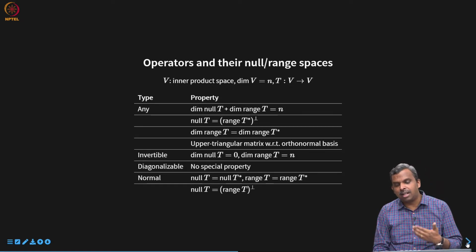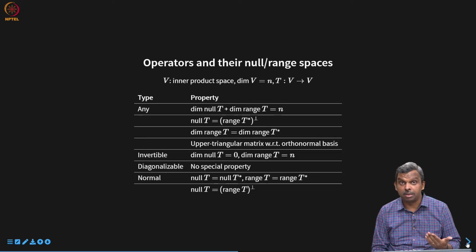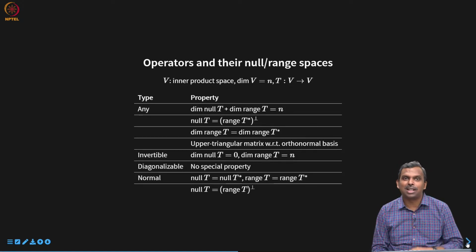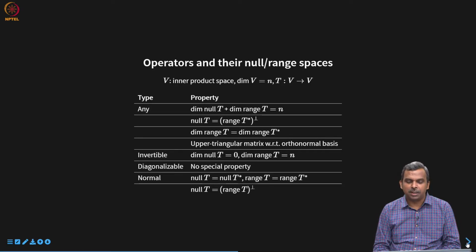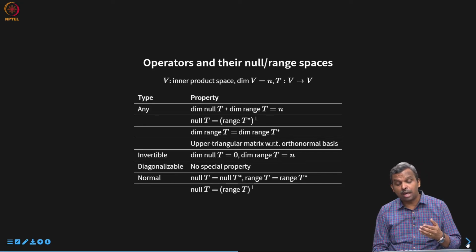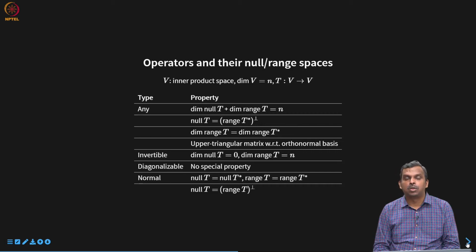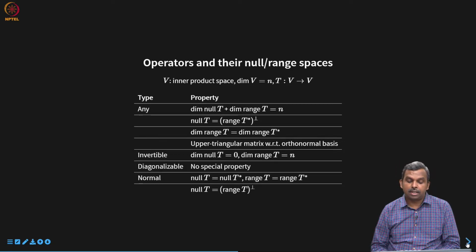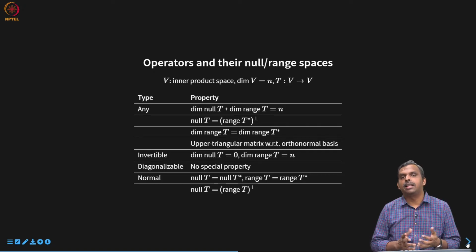Diagonalizable, really, null and range, it doesn't limit it in any way, right? So you can have all sorts of null spaces and range spaces, and diagonalizability is possible. So there's no special property directly that one can talk about for diagonalizability. Okay, now once you have normal, so there is the self-adjoint. If T is T star, then T and T star do the same thing, but there are these normal operators which commute with the adjoint, not exactly equal, but they commute.